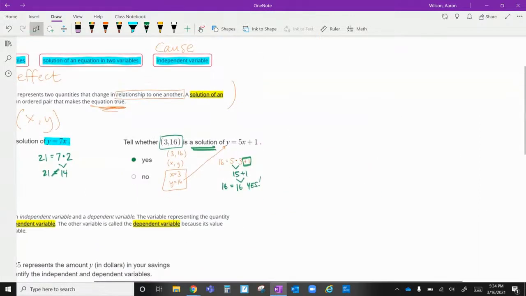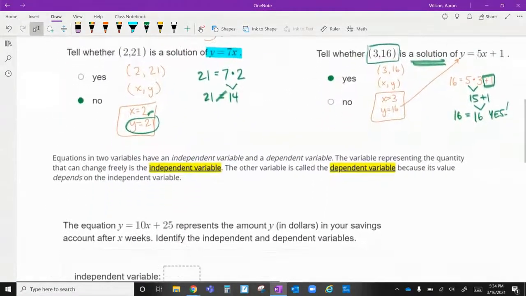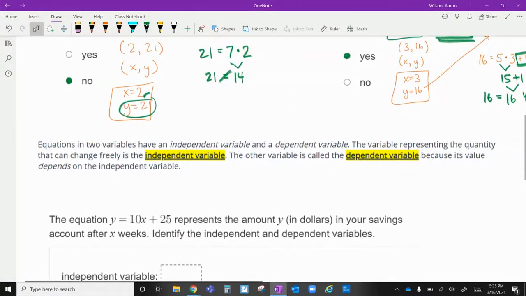All right, now on into what in the world these independent and dependent variable words mean, what they stand for. So again, equations in two variables have an independent variable and a dependent variable. The variable representing the quantity that can change freely is the independent variable.